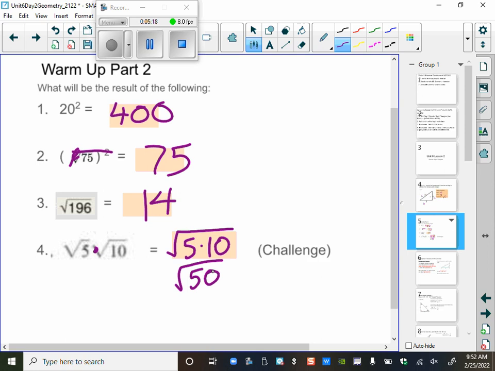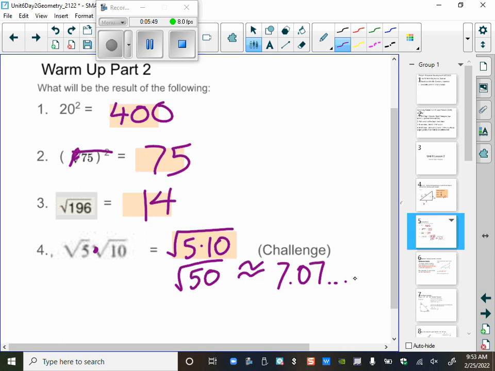You got what? 7.07, okay. I know what you did. You didn't do anything wrong. You just got the decimal equivalent to the square root of 50. What you did was not wrong, because I know in a calculator they would have gone straight to that 7.07.